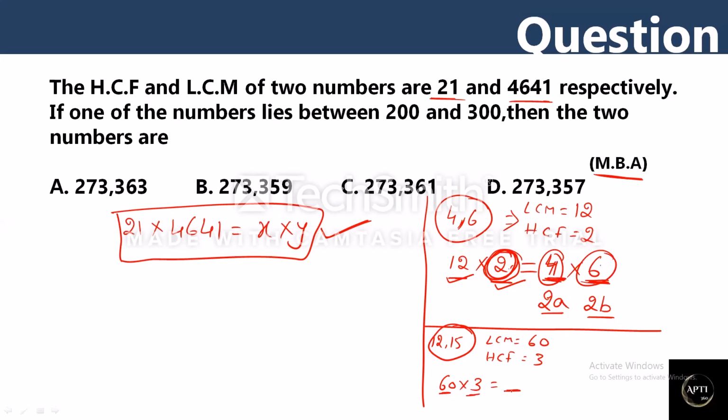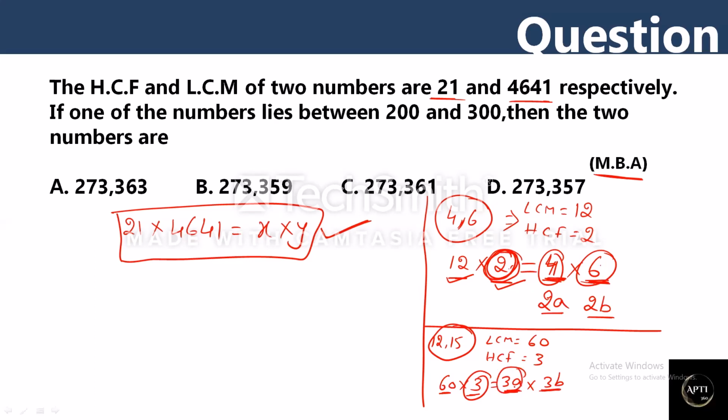Now what is the product of those numbers? Even if I don't know the values 12 and 15, I can surely say that each number will be a multiple of their HCF. HCF is 3, right? For sure this number is a multiple of the HCF and this number is a multiple of the HCF. So I can write 3a and 3b.